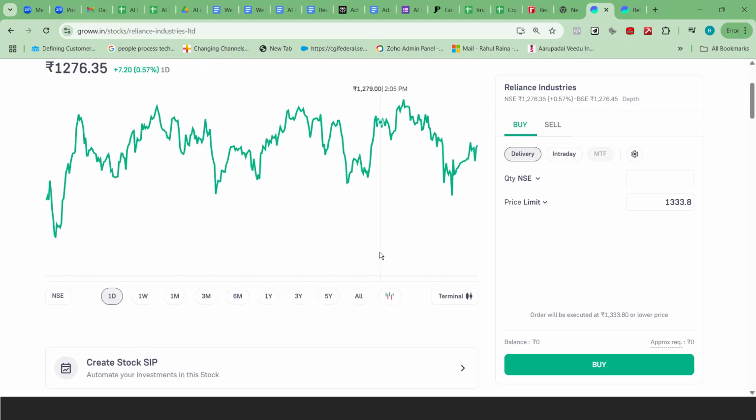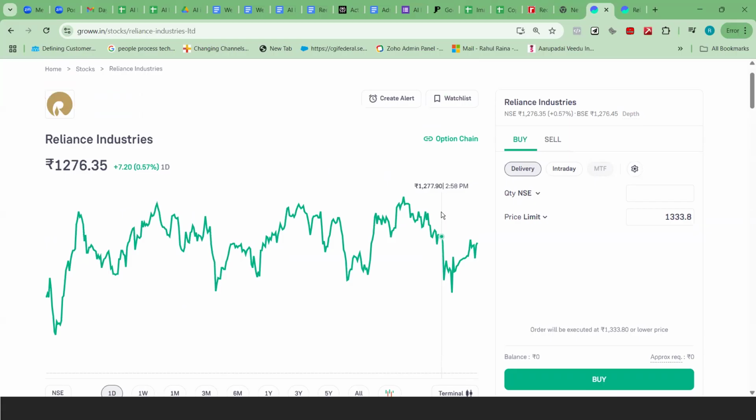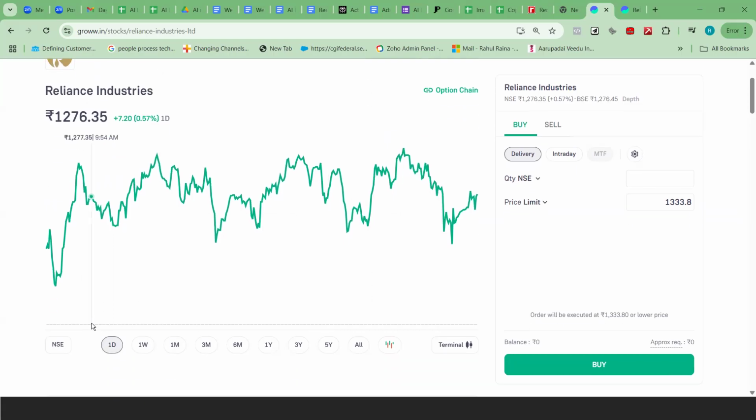Clear? But there is a problem with this kind of chart. Let's say if I'm a day trader, I want to have my position every 5 minutes. But this chart is not giving me that info. It is telling me this is a daily chart, this is for one day.